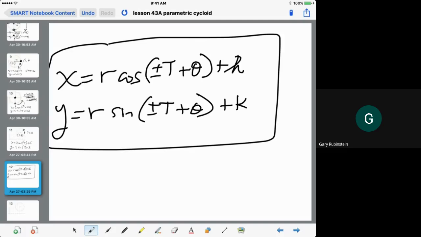But tomorrow, and actually for the next 3 days after today, the center of the circle is going to be moving, and this is going to make some really unusual curves. Let me bring back the graphing calculator.